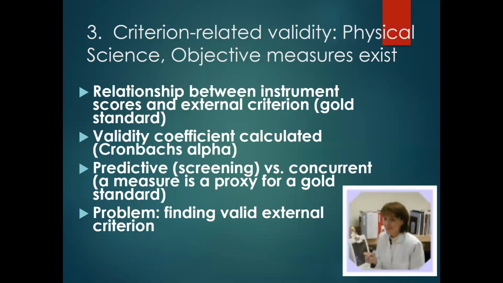So here we might have high cholesterol, inactivity, obesity, which can predict an MI, a myocardial infarction. So if people are more likely to have a myocardial infarction who have those characteristics. So it's a physical science. You might have some criterion that may be less specific, but in the end, your outcome is measurable and observable.